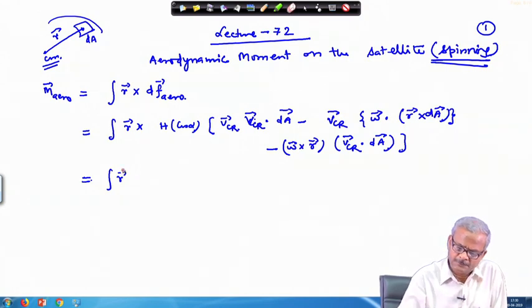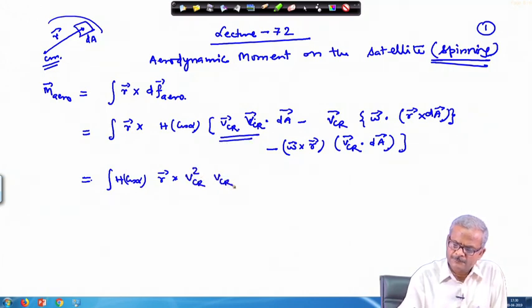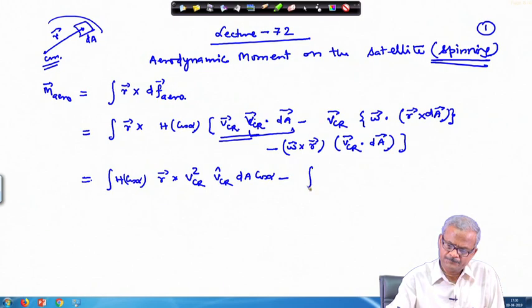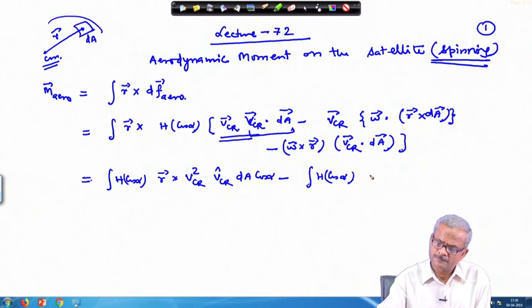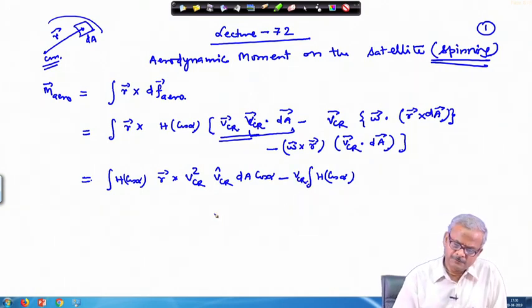We can write this as h cos alpha, r cross, and here this part we can reduce to V_CR squared V_CR cap, and this part we can write as dA cos alpha, minus... and obviously rho is missing.